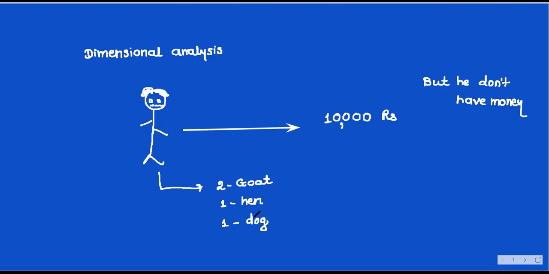Now each goat's price is 4,000 rupees, and this hen is 1,000 rupees. Important hen this is, okay? And the dog, let us assume that its price is also 1,000 rupees.